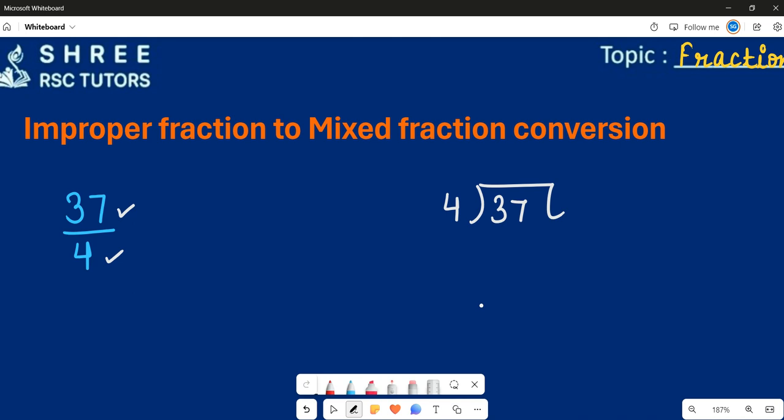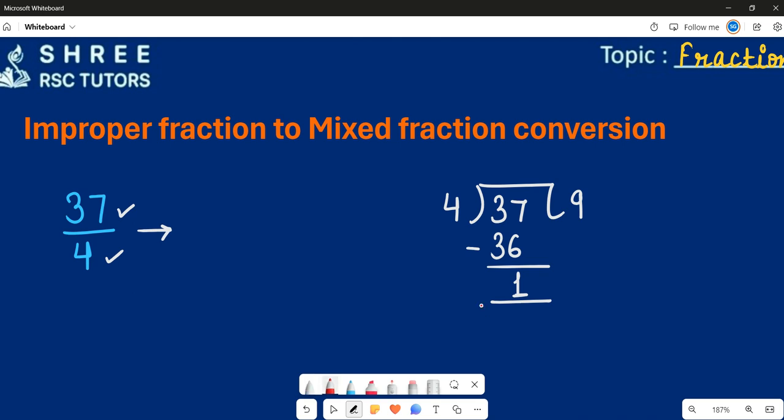And we know there are 9 4s that can go into 37. So 4 times 9 is 36, and then we will subtract, and it will be 1, which is our remainder.